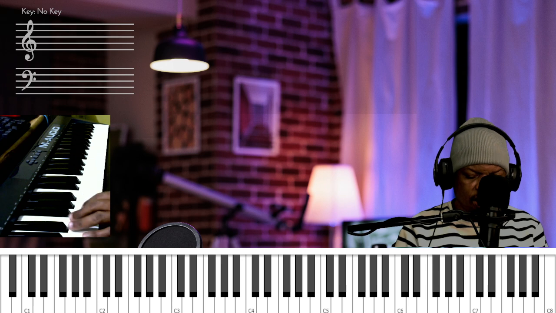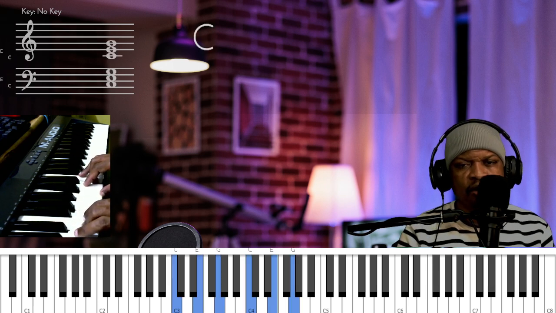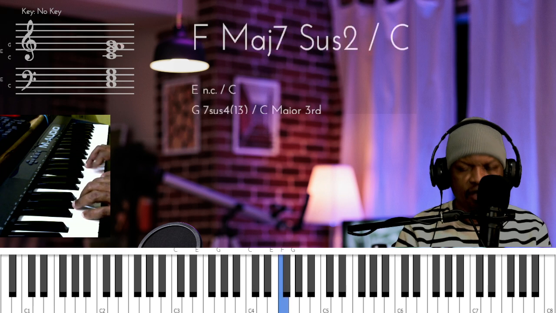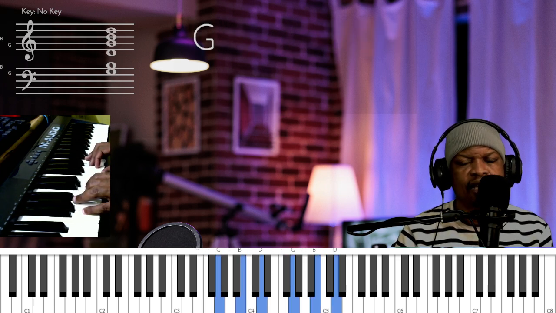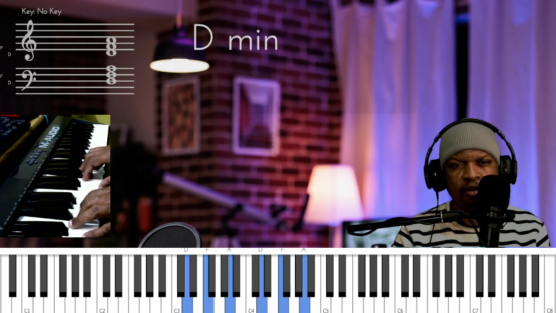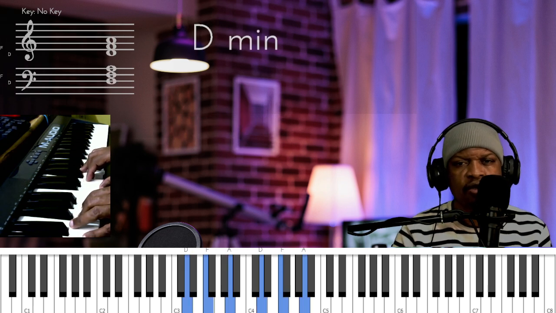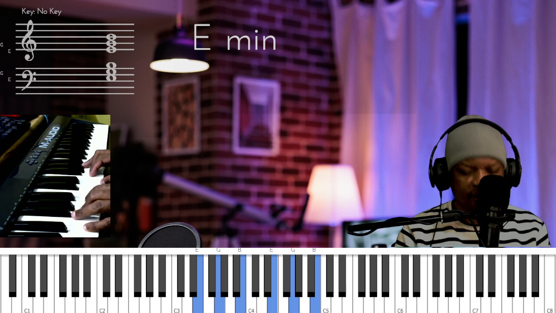So in the key of C, 1 is your tonic, which is C major. You have your subdominant, which is F major. Then you have your dominant, which is G major. Then the remaining chords are your supertonic, which is your 2, D minor, mediant, which is your E minor.